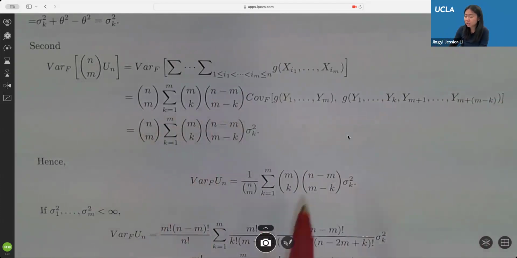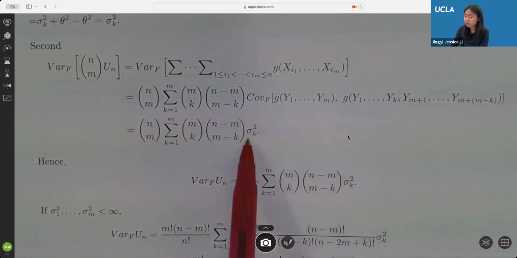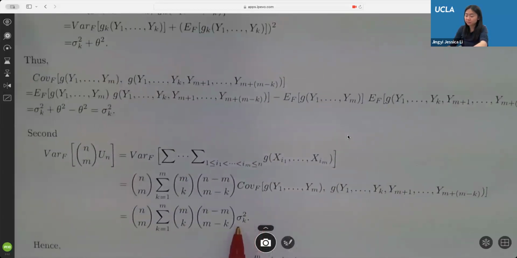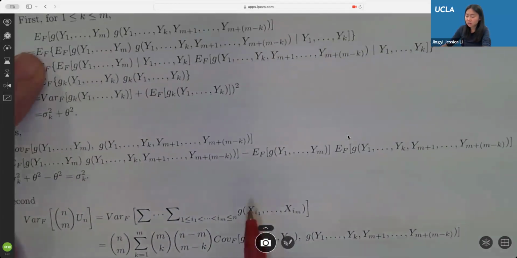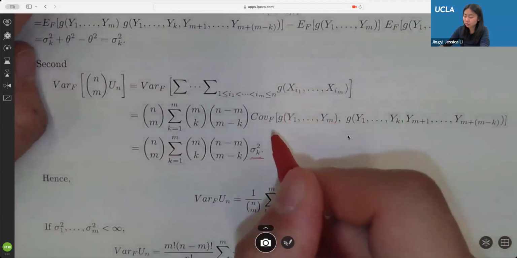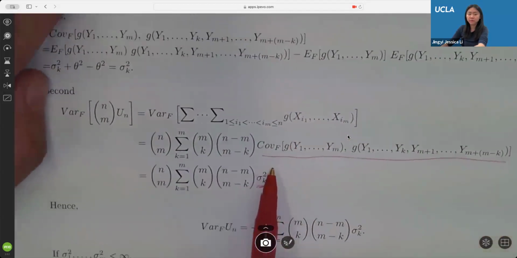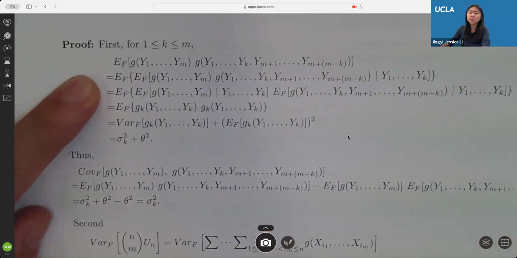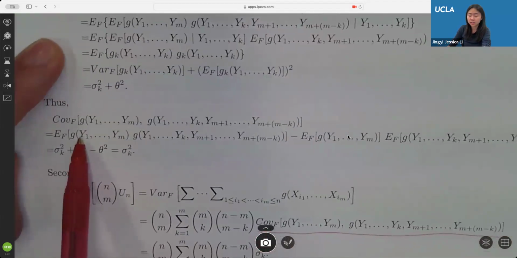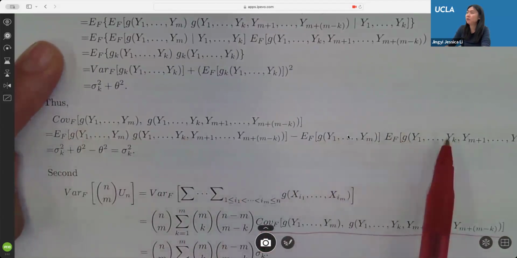This covariance is something I will show to be sigma K squared. Why is that? This is a result we will derive from above. To get the covariance, we use the formula: the expectation of the product minus the product of expectations.